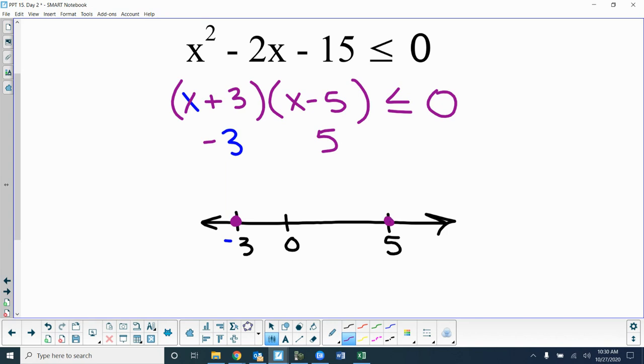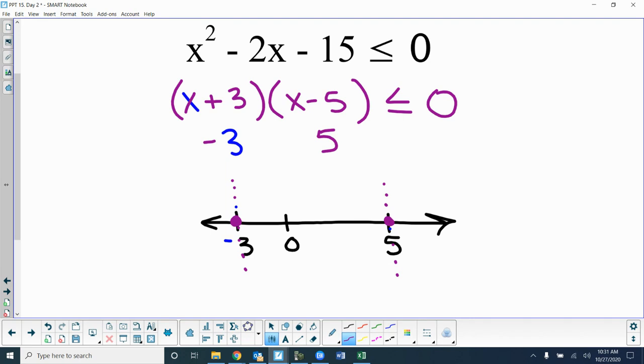And what's happening here is those two values are splitting our number line up into 3 sections. So we've got to figure out if we're going to draw an arrow going left, connecting the two, or an arrow going to the right.